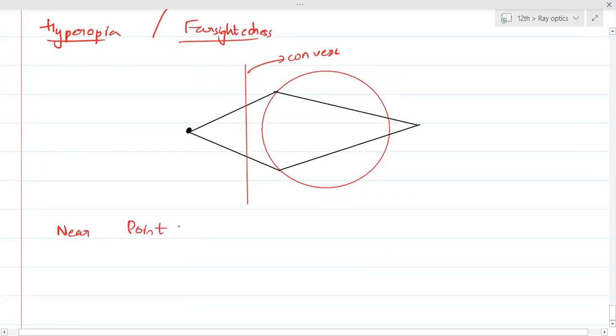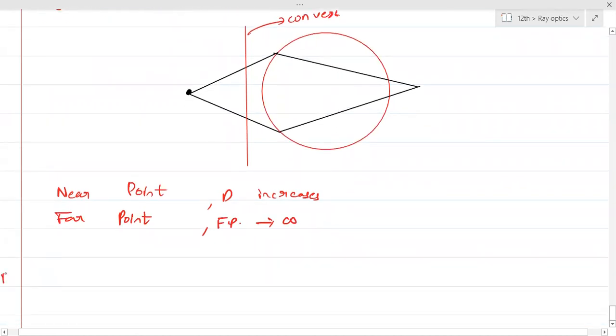Near point will change. Near point will move away. Near point de-increases, right? And far point will be at infinity. Right, example. I'll just go with an example. From the example itself, it will be clear to us.